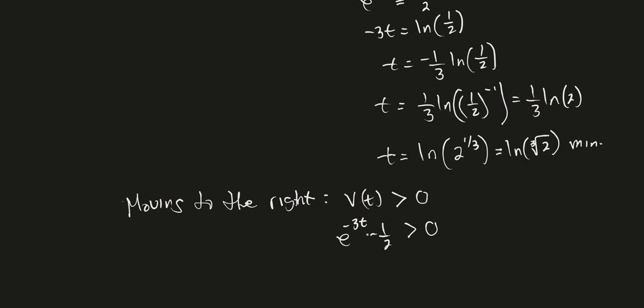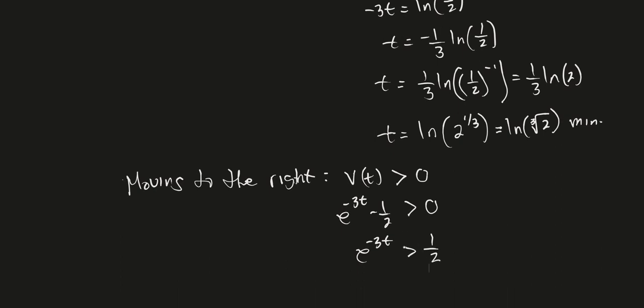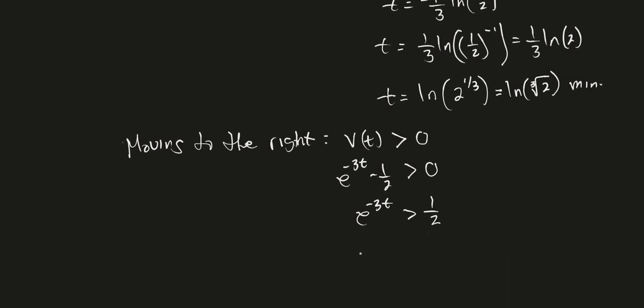But we do have to be careful. If we add 1/2 and take the ln, which we can do, that gives us negative 3t is greater than the ln of 1/2. When we divide by this negative 3, we have to change the direction of the inequality.